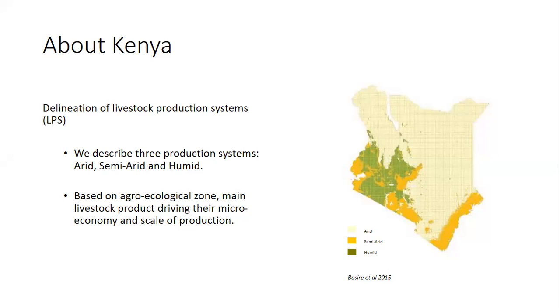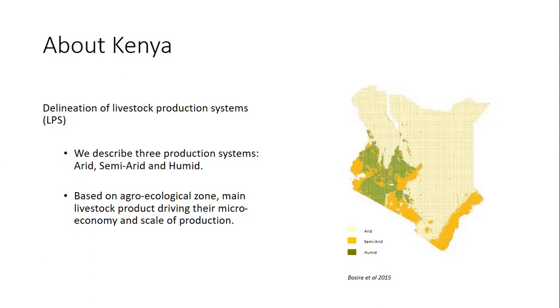So we describe it as arid, semi-arid, or humid, dependent on the amount of precipitation or more on a humidity index. And we know that based on these agroecological zones, there are dominant products.